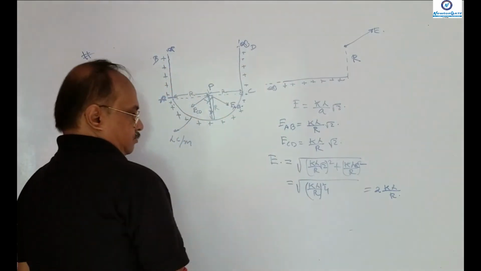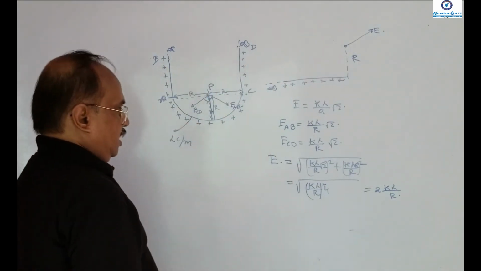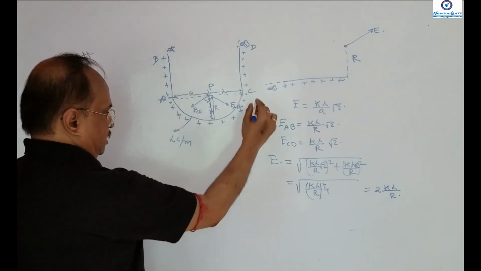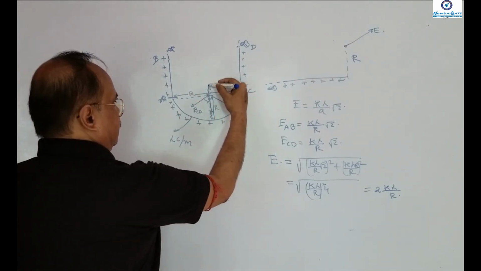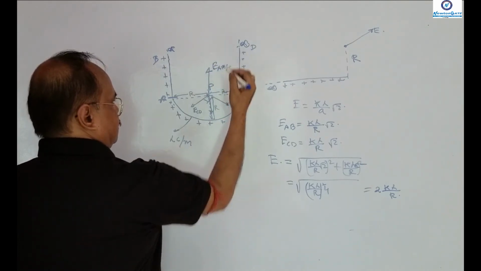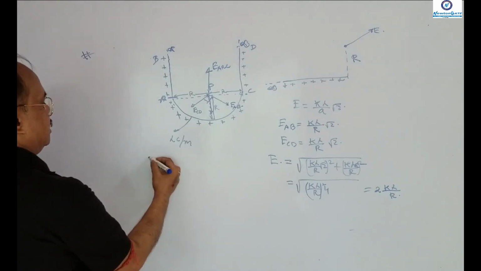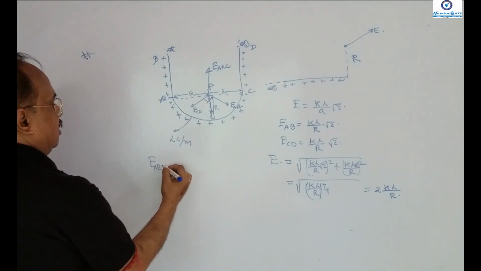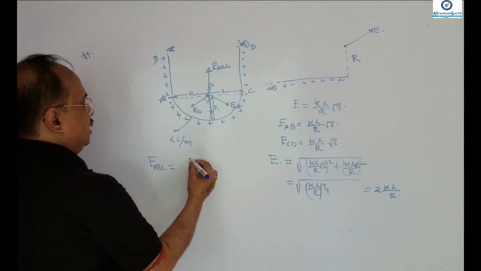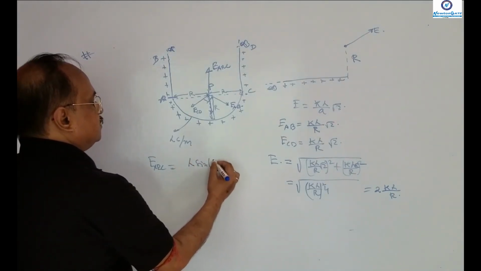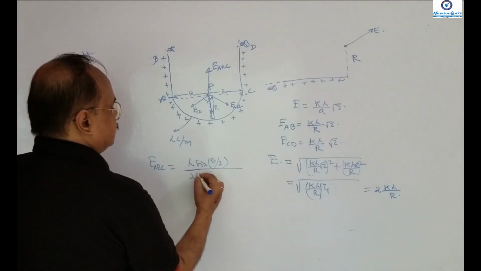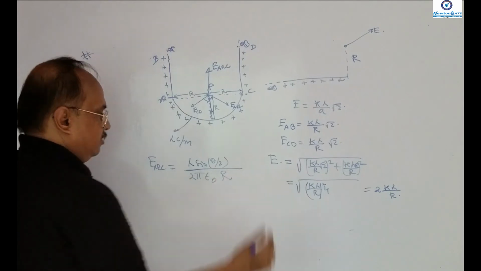It will come. It is this direction, and again you know, due to this arc there will be an electric field in this direction. Already I know the formula for the E arc that I told you: lambda by sine theta by 2 into 2 pi epsilon naught r, right?